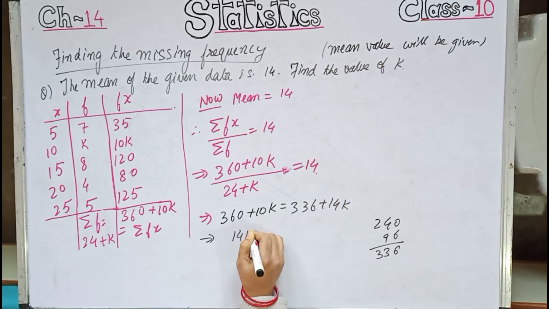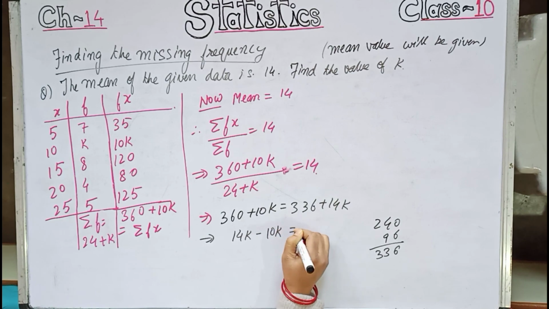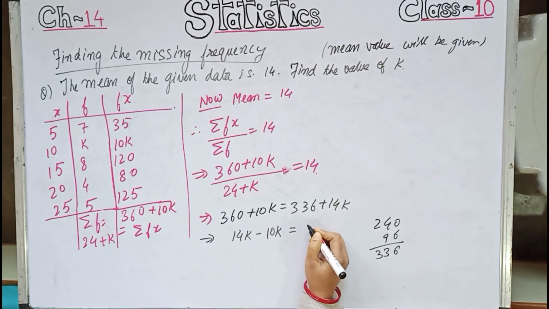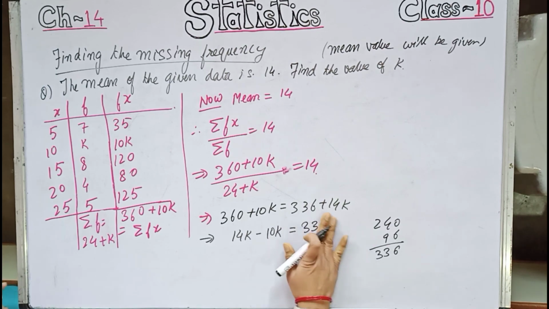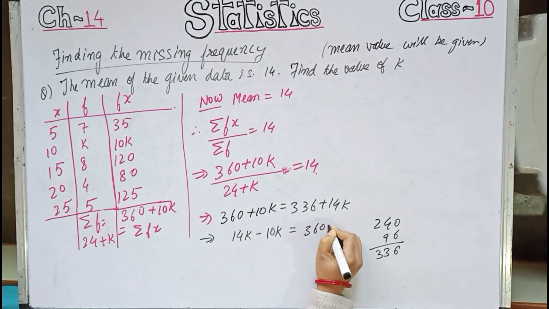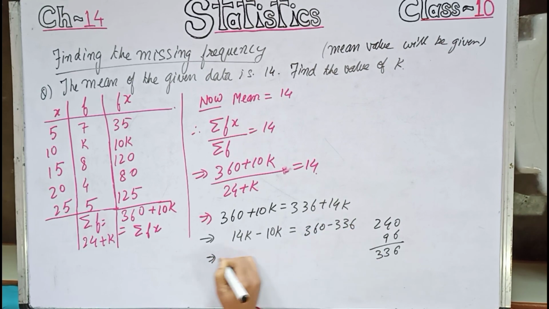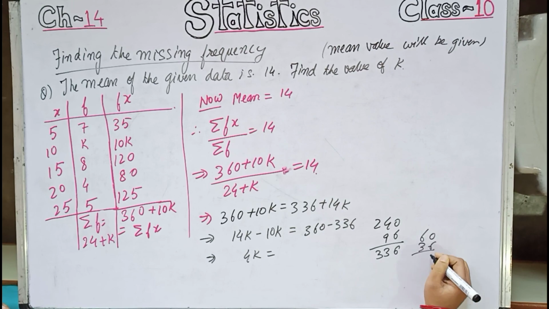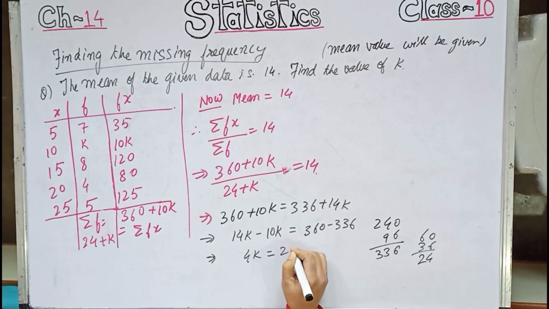So this implies 14k minus 10k equals 360 minus 336. So this implies 4k equals 24. Therefore k equals 24 by 4 equals 6. So the unknown value which is being asked in the question, the value of k, is 6.